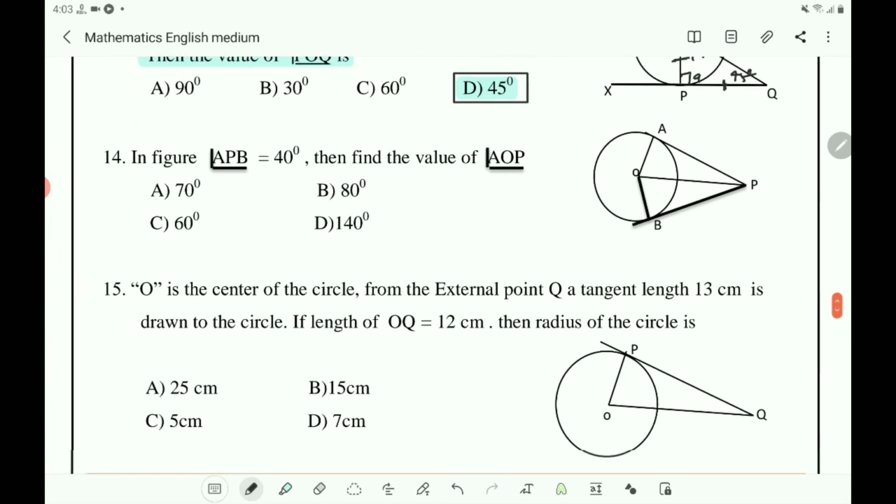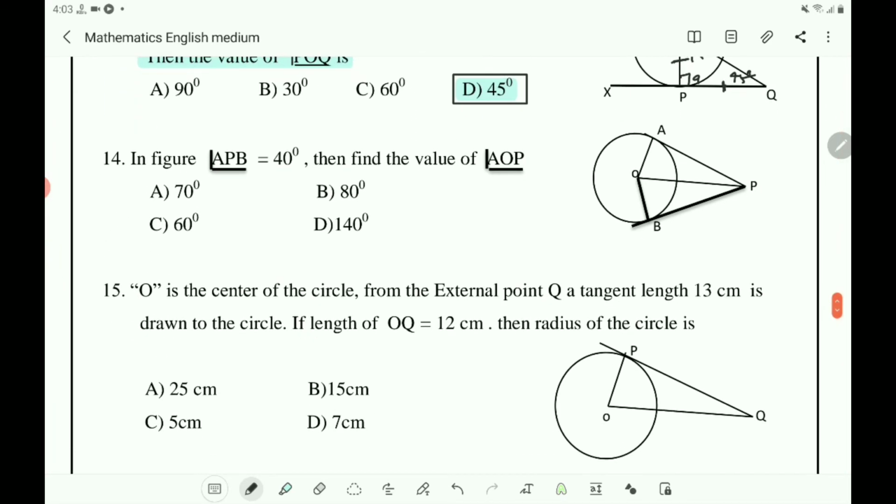Then you take question number 14. In the figure, angle APB equals 40 degrees. Then find the value of angle AOP. Here angle APB is 40 degrees.